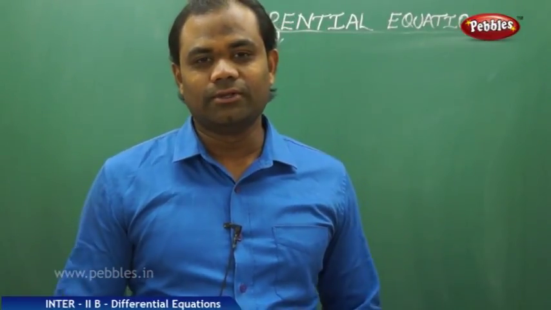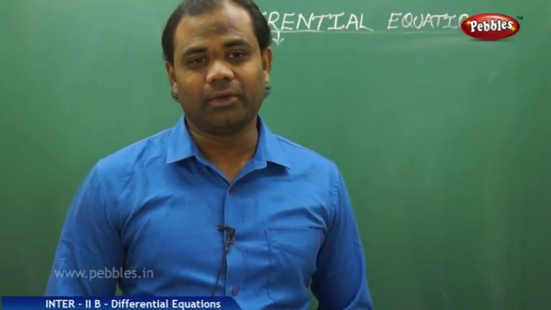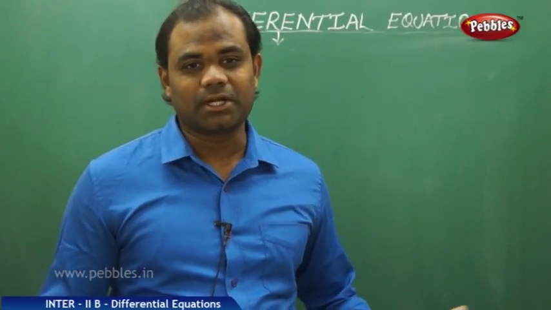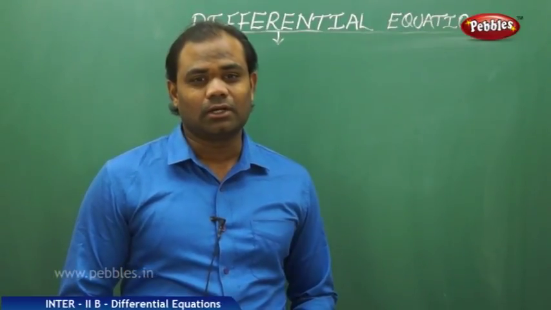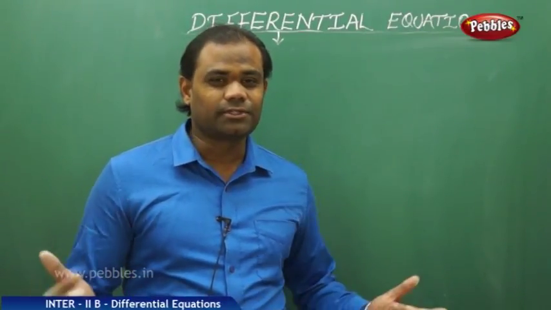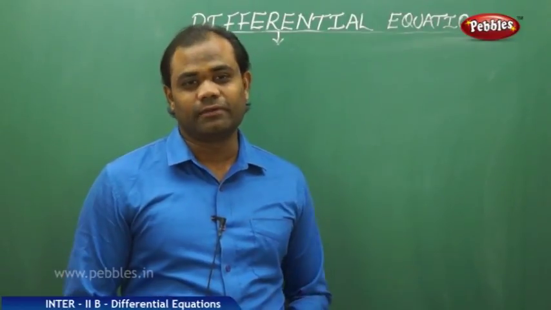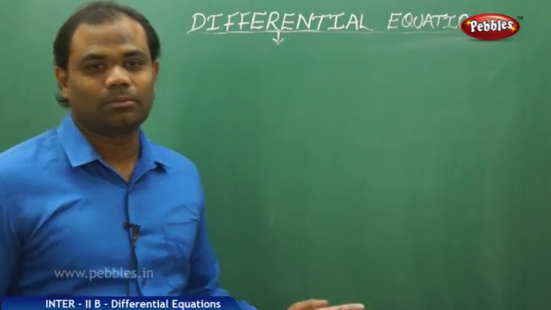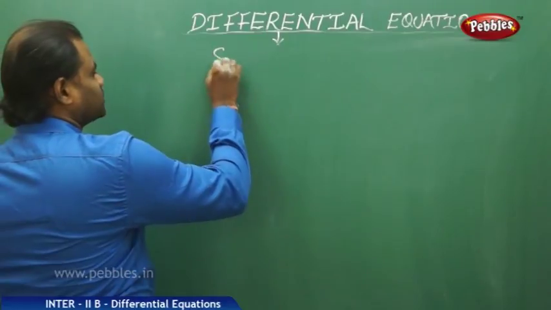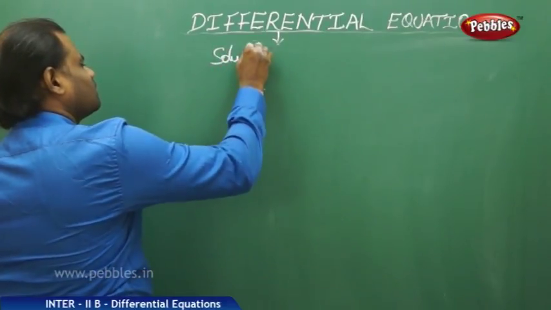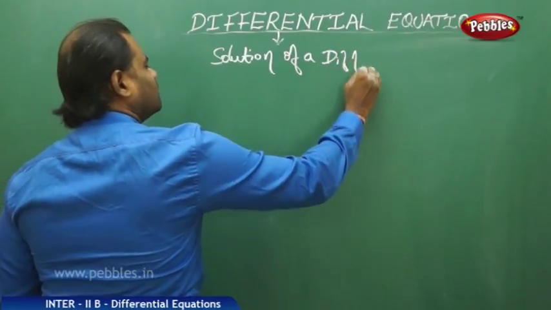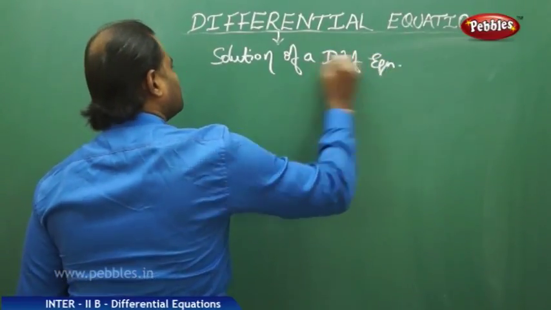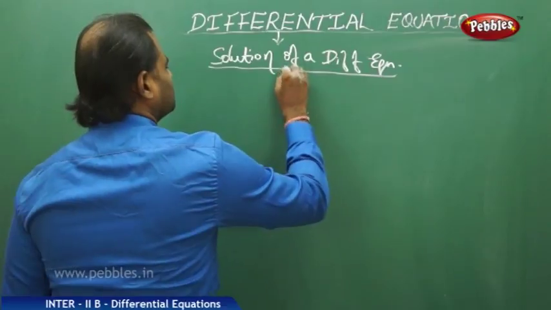Next is the solution of a differential equation. Now that we have discussed differential equations, now comes the biggest question: how do we get the solution, or how do we solve the differential equation? So the topic is about the solution of a differential equation.